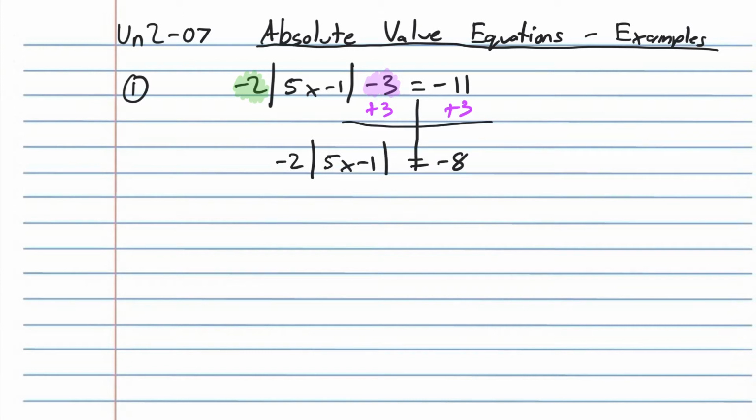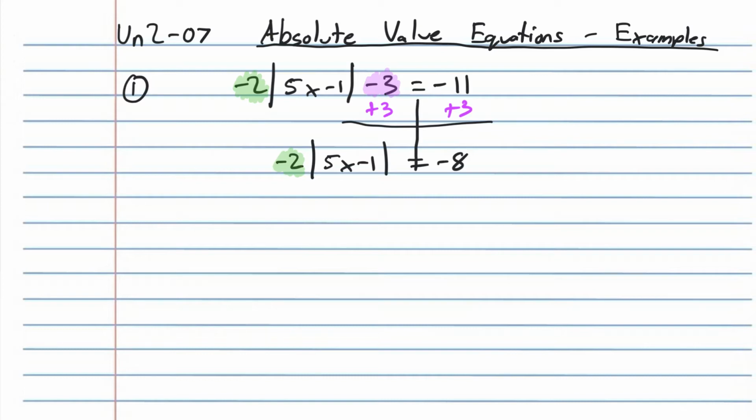Okay. Now I have to get rid of that -2. Now, in the past, when we've had this, you could take this -2 and distribute it, but that's when we had parentheses. These are absolute value bars. I can't distribute into the absolute value bars. So I have to get rid of it a different way. Now, technically, this -2 is being multiplied by, into the 5x minus 1.